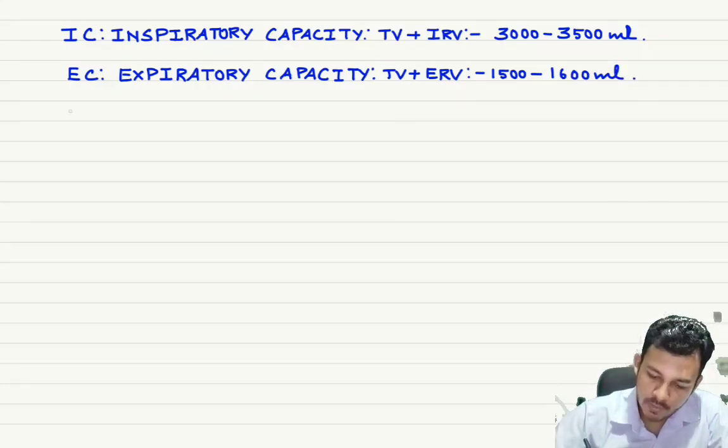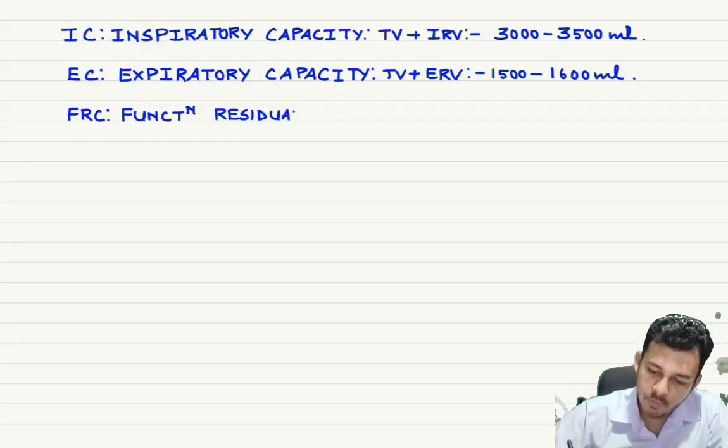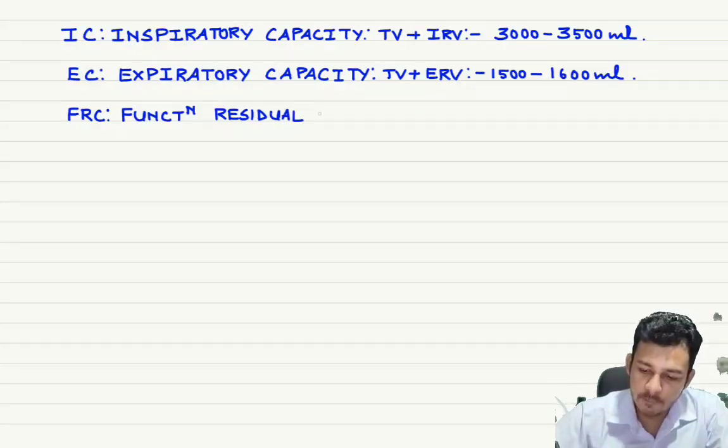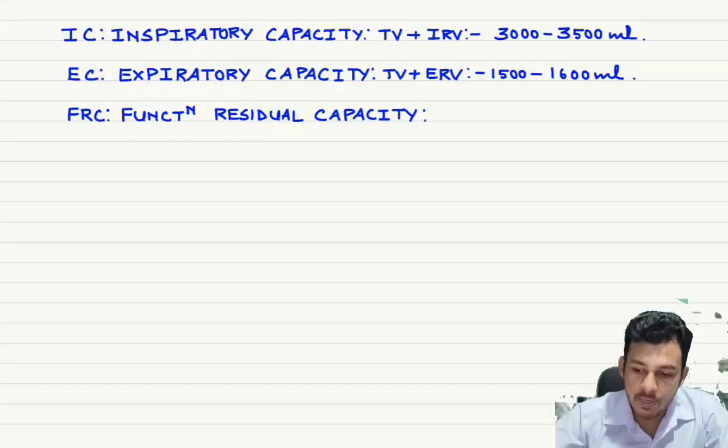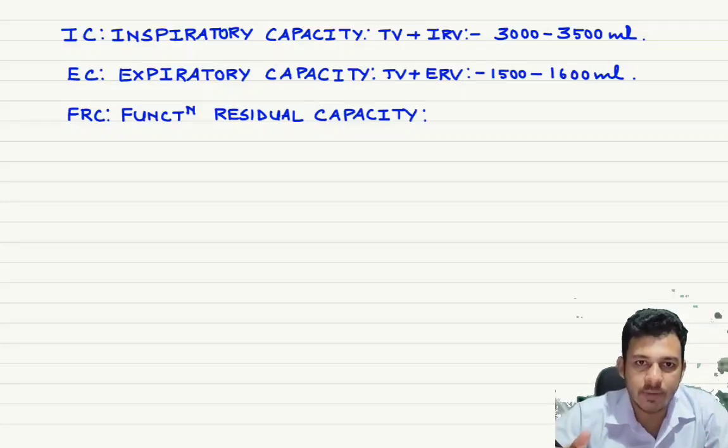The next volume that you need to remember is the FRC, functional residual capacity. Now what does this particular term mean? See, residual volume, you know, is whatever the volume is left in the lung after forceful expiration. But functional residual capacity means that without forcibly expiring, whatever the air is left, that is the functional residual capacity.